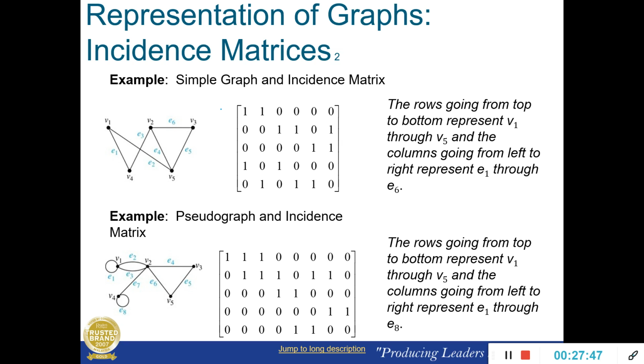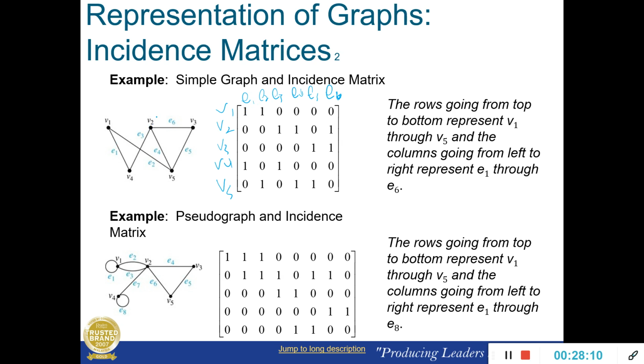So again, here you have V1, V2, V3, V4, and V5. You have E1, E2, E3, E4, E5, and E6. So V1, is V1 incident with E1? Yes, you put 1 here.